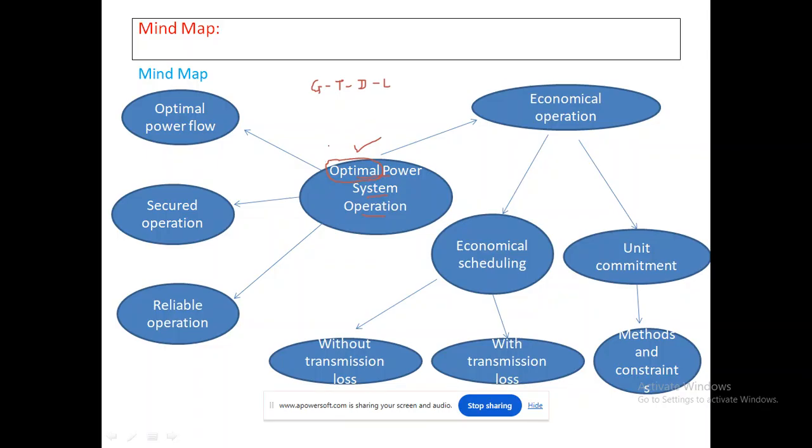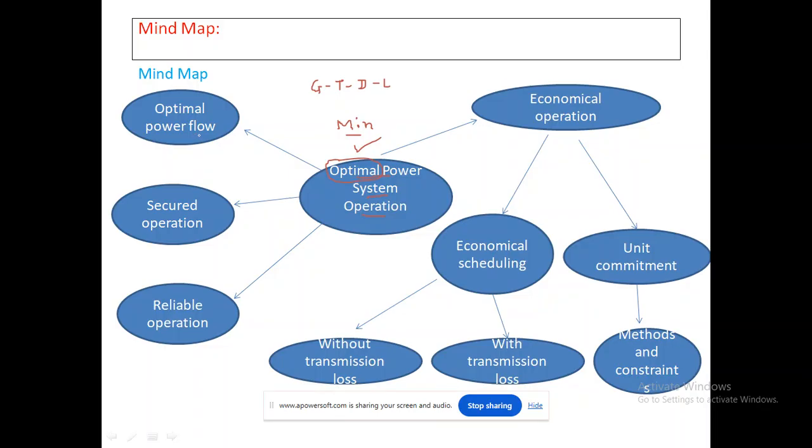Optimal generally means that some parameter in the power system operation should be minimum. Based on which parameter is to be minimum, we have divided it into different types of studies.